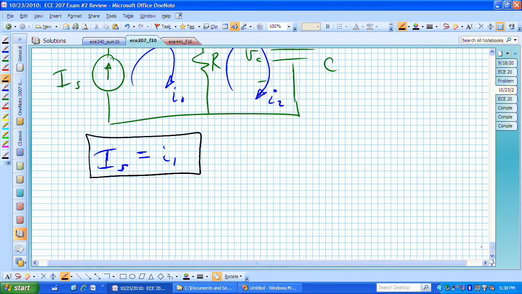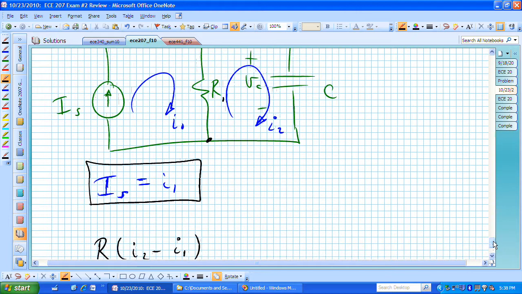Then if we write KVL at the second loop, we have, going from this lower node clockwise, R sub 1 times I sub 2 minus I sub 1. That's the net current going up through that R sub 1, and we want to have the passive sign convention. That gives us a positive voltage drop from bottom to top across R sub 1.